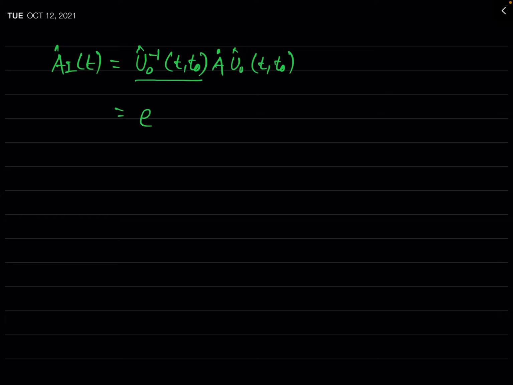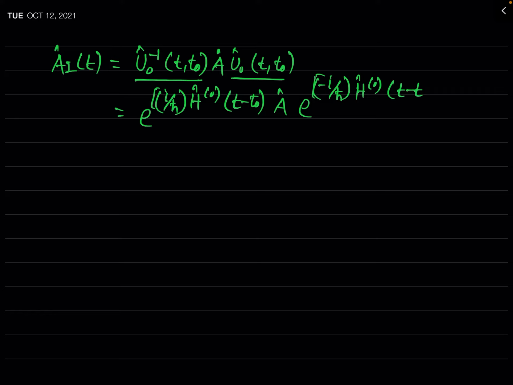This is e raised to the power I over h bar, H hat naught times t minus t naught, for U naught hat inverse, then A hat, and then e raised to the power minus I by h bar, H hat naught times t minus t naught, for U naught hat. This is your equation number 3.